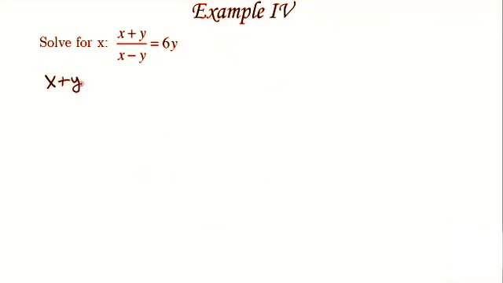We have x plus y over x minus y equals 6y. So I'm going to start out by multiplying both sides by x minus y.